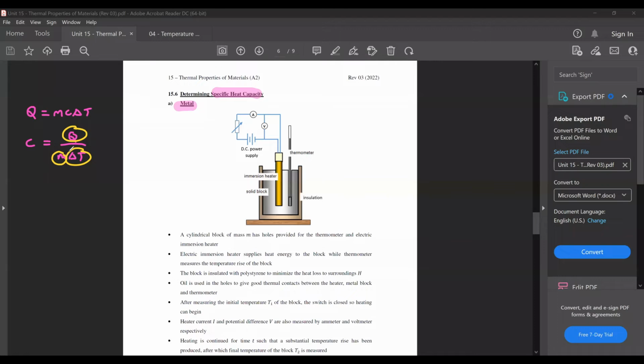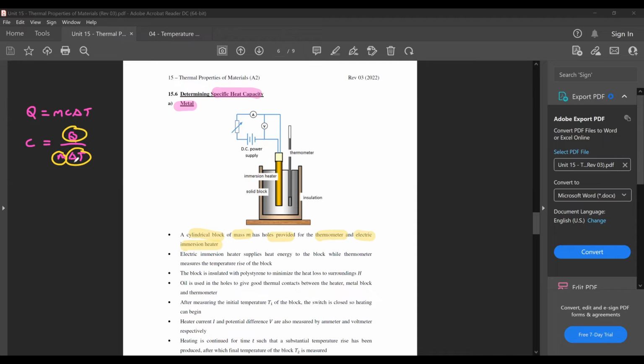So say right now, I want to find out the specific heat capacity of a block of metal. What I'll do is arrange the metal in a manner similar to this apparatus. I'll make sure that the metal has holes inside it so that I can put a thermometer and an electrical heater. That block has mass M here.